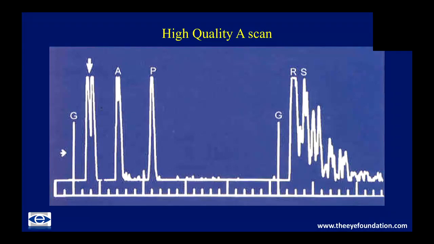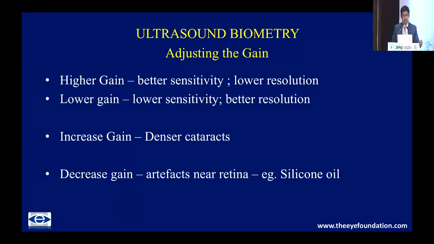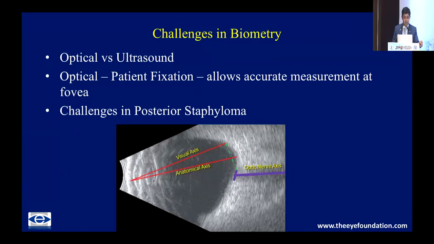Getting a good high quality A-scan with the right spikes is important. Looking at slightly adjusting the gains, higher gain for better sensitivity, lower gain when you need better resolution, denser cataracts increasing the gain, decreasing when we have artifacts like with silicone oil. Using all these small tips, we can improve our outcomes and efficiency even with ultrasound biometry and get excellent results.